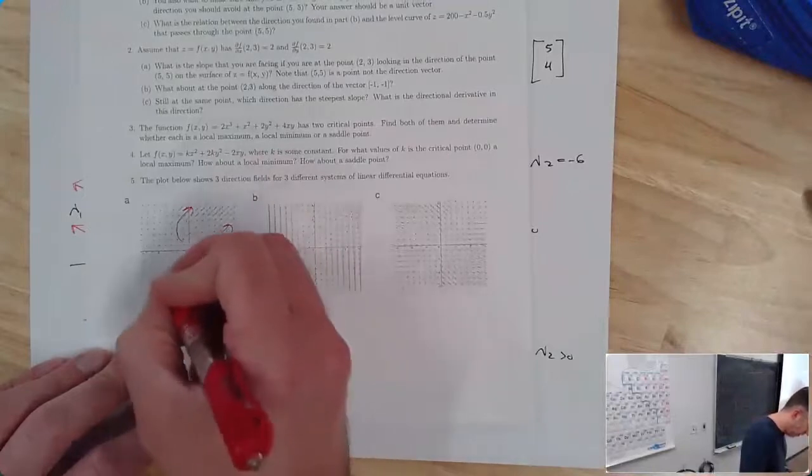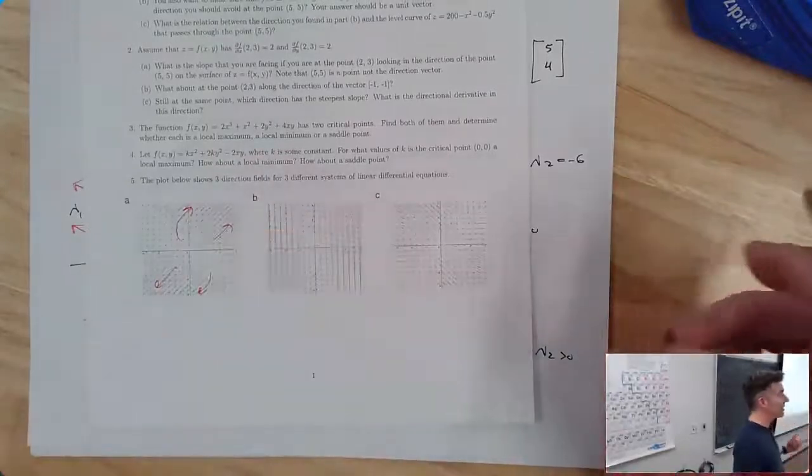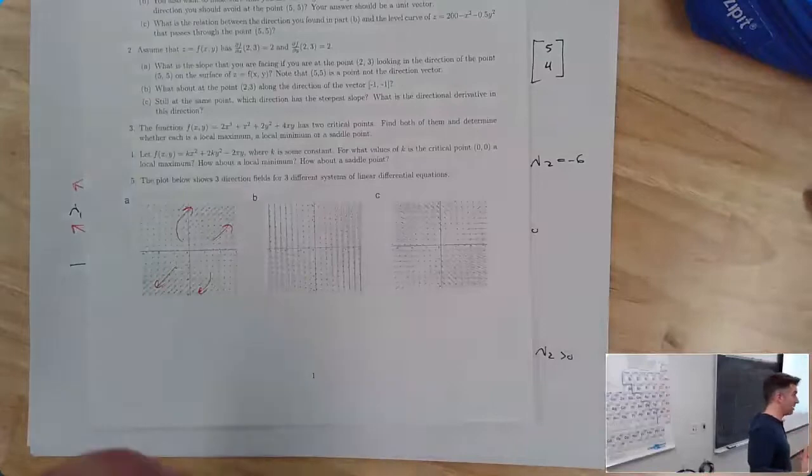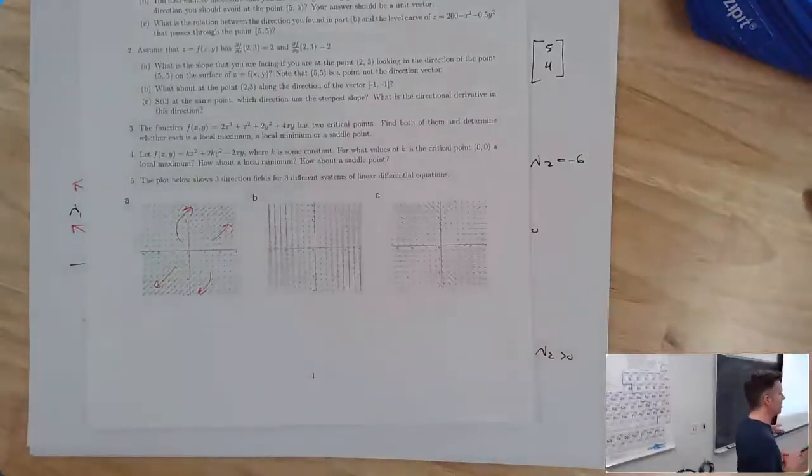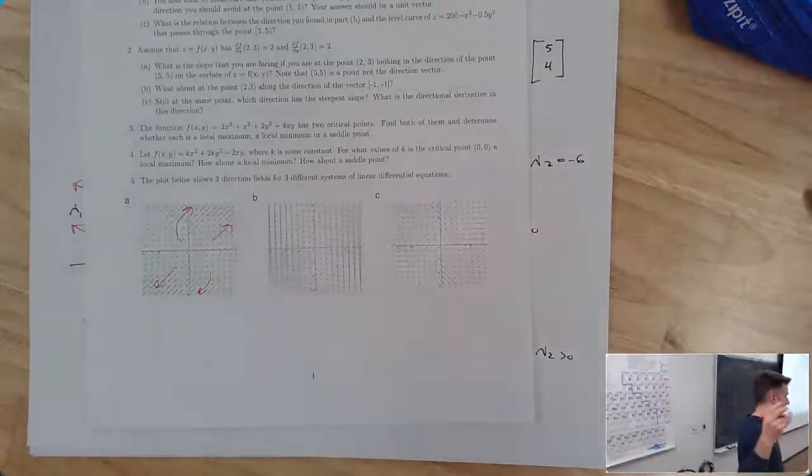All of them are going in the direction of probably the eigenvector that has the larger positive value. That's typically the one that dominates your phase portrait. So if you happen to know both values, you might try to draw trajectories that tend towards the bigger one versus the smaller one. But really, I think they're just looking for whether you know they all go out, all go in, or for the saddle, inward and outward. I think that's what they're really looking for when they ask that question.